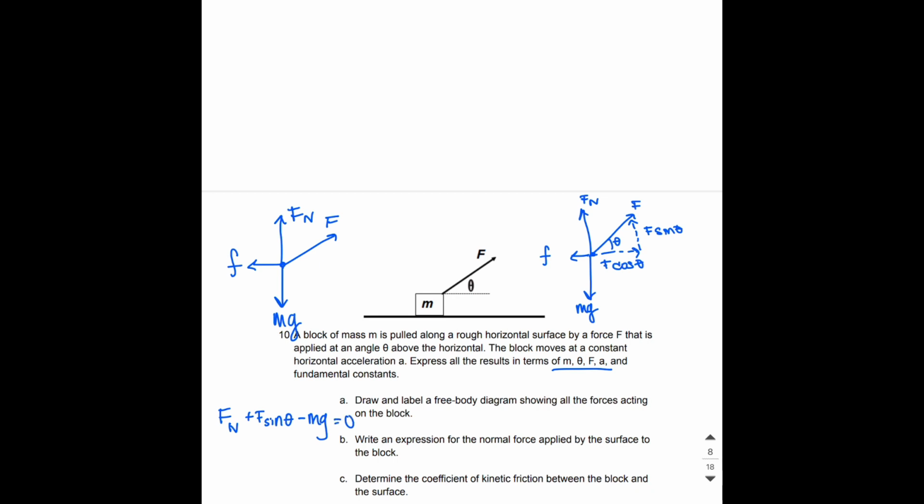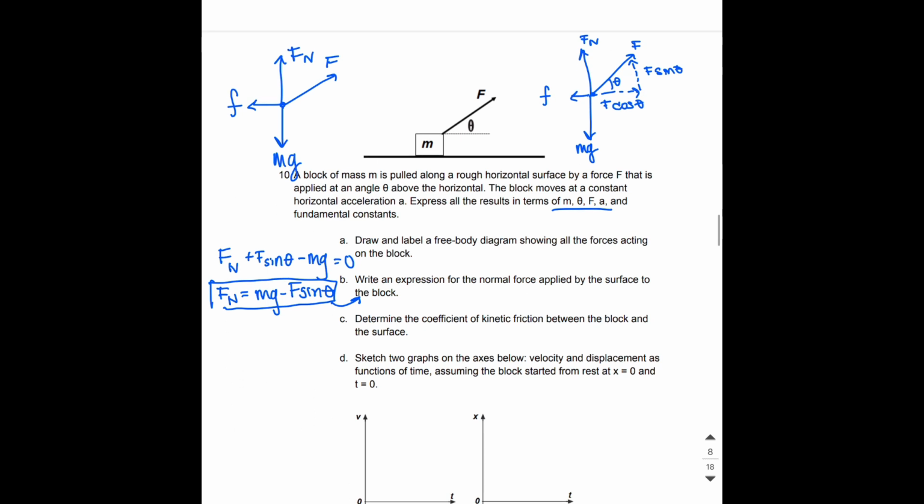This is not accelerating in the y direction, so I'm going to set that equal to 0. And then my normal force is equal to mg minus F sine theta. So that is part B.